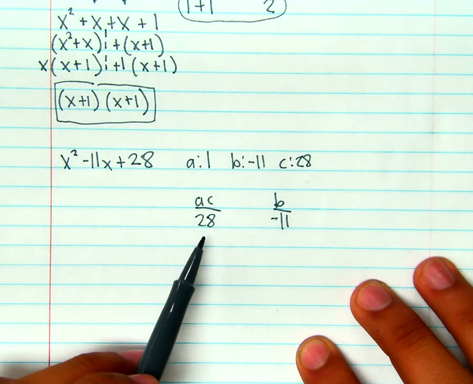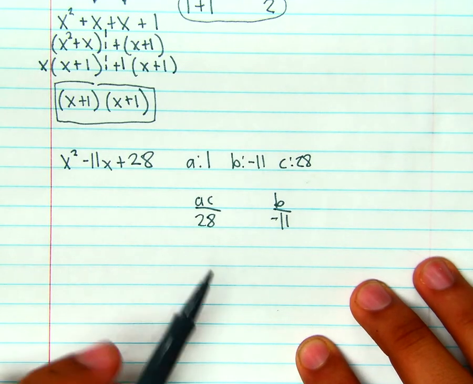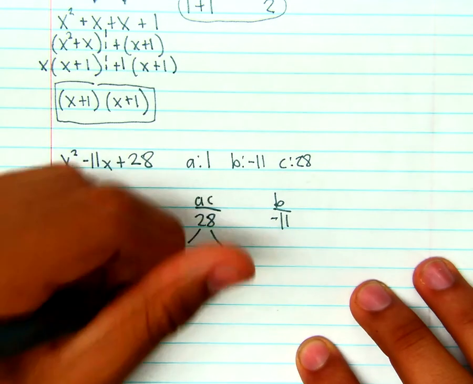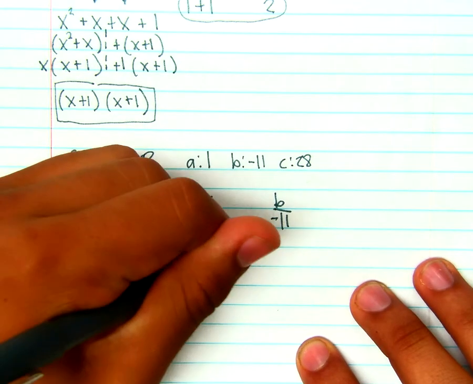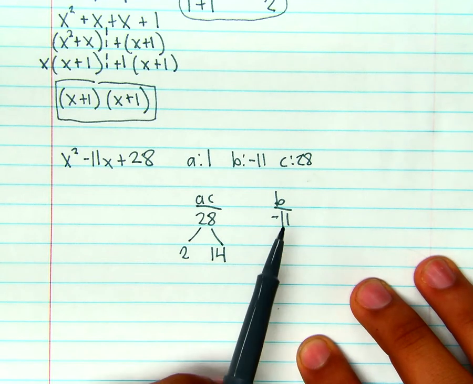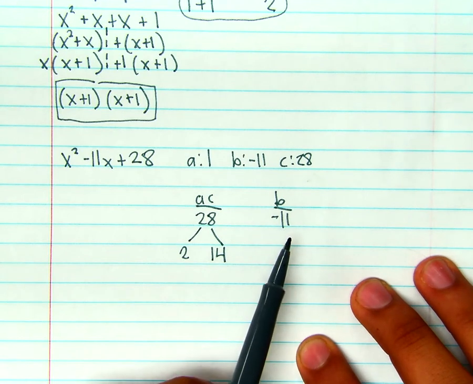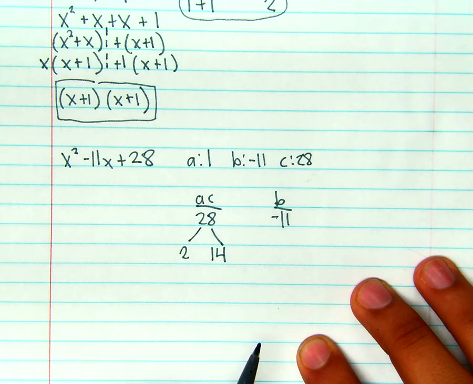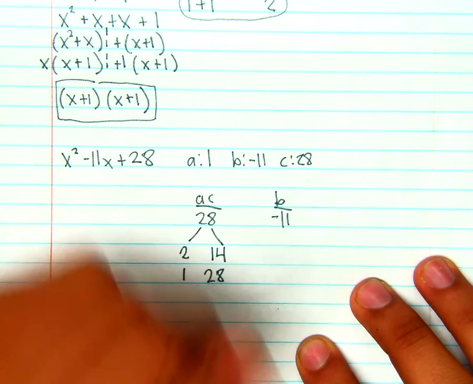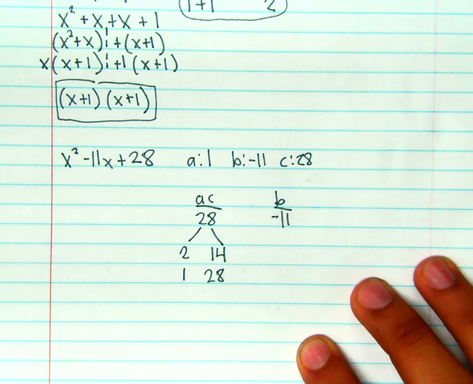And now we have to find the factors of 28. What are the factors of 28? Okay, 2 times 14. Will any combination of 2 and 14 give us negative 11? No. Okay, so what was the other one you said? Okay, 1 and 28. Will any combination of 1 and 28 give us negative 11?